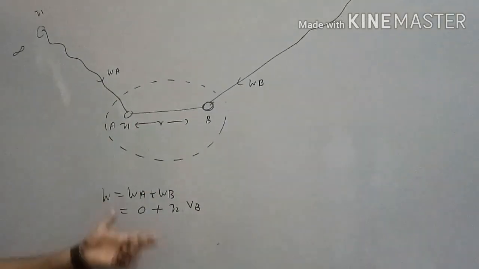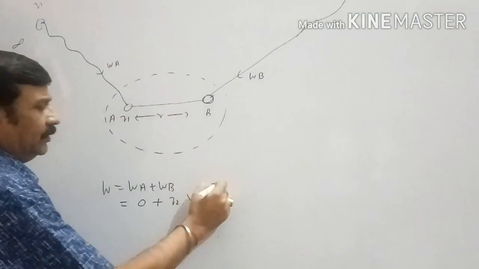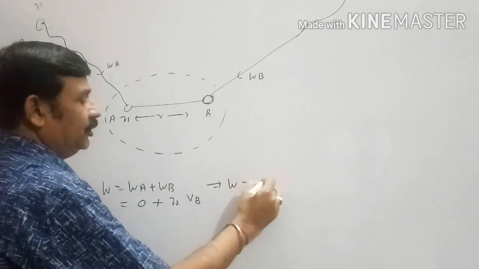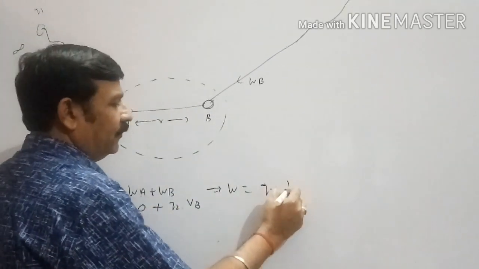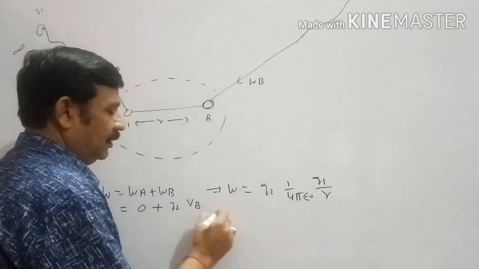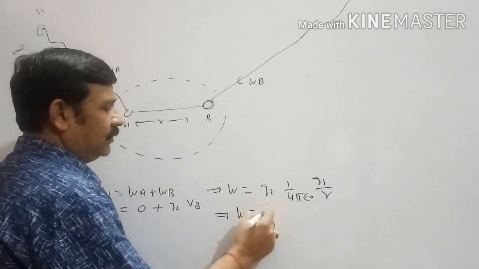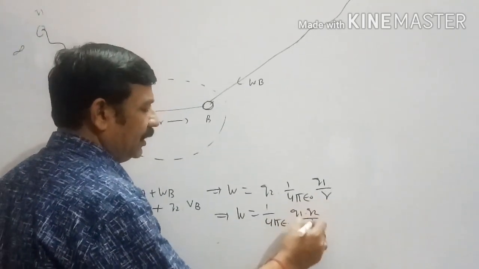Potential is work done per unit charge, so work done will be charge into potential. So total work done will be Q2 into potential at B due to A, 1 upon 4 pi epsilon naught Q1 by R, which implies that total work done is 1 upon 4 pi epsilon naught Q1 into Q2 by R.